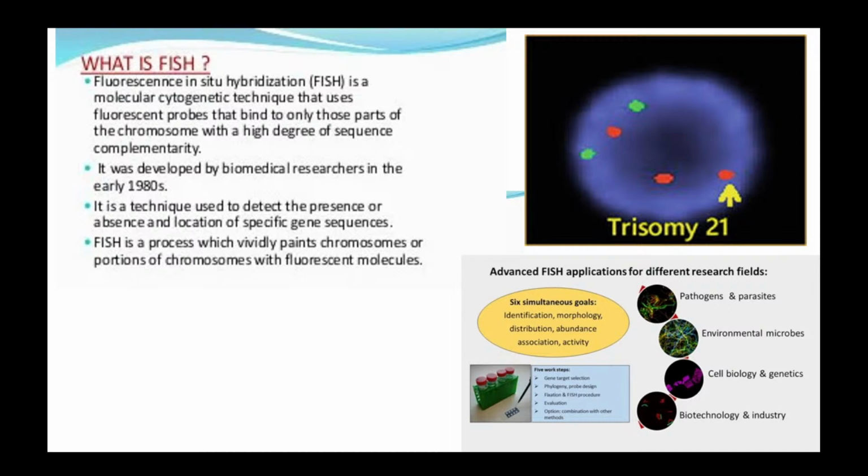It is a technique used to detect the presence or absence and location of specific gene sequences in chromosomes. FISH is a process which vividly paints a chromosome or portion of a chromosome with fluorescent molecules.